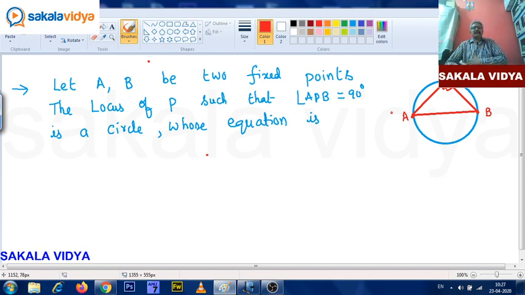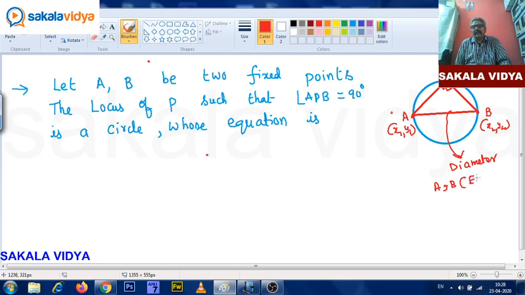So that means we need to find the locus of P. Say A point is (x1, y1), B point is (x2, y2). So now AB becomes the diameter, and this A, B are the ends, or the extremities of a diameter.